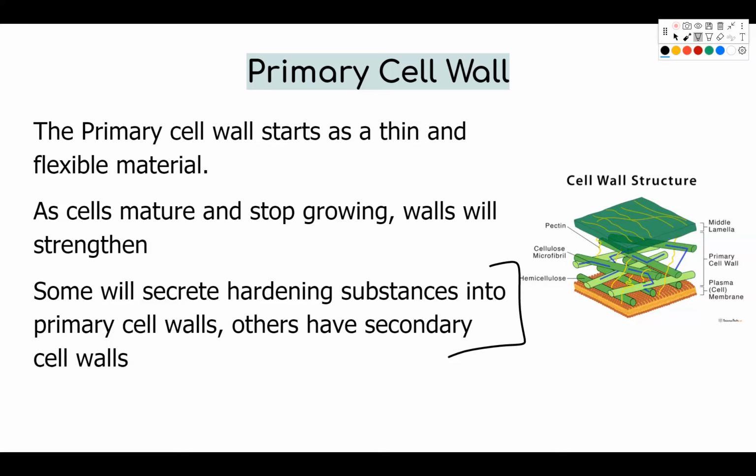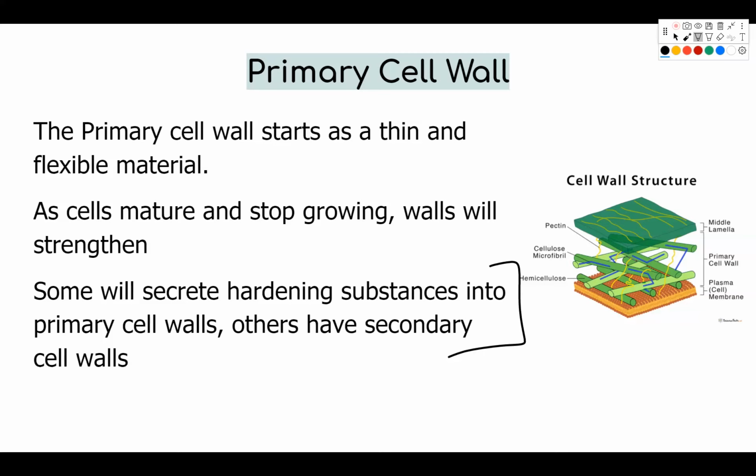One is by just hardening the primary cell wall. The second is by creating a secondary cell wall. Some plants, or some organisms, will secrete hardening substances into this cell wall, and some will just have secondary cell walls.